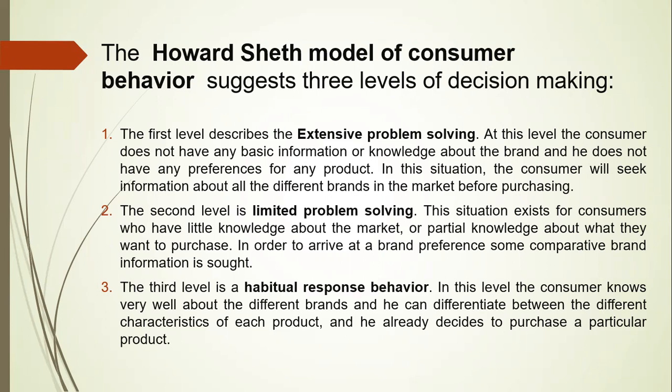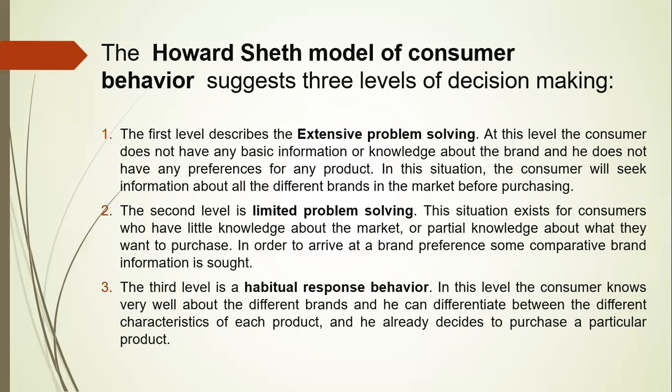What happens in this situation is the consumer tries to seek more and more information about all the different brands available in the market before purchasing the product. So he goes into detailed study, goes for detailed information, and evaluates all the products of all the brands available in the market.